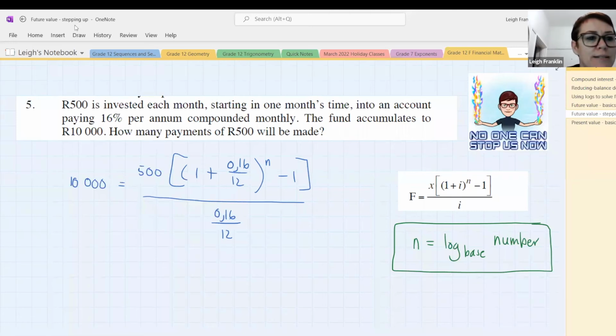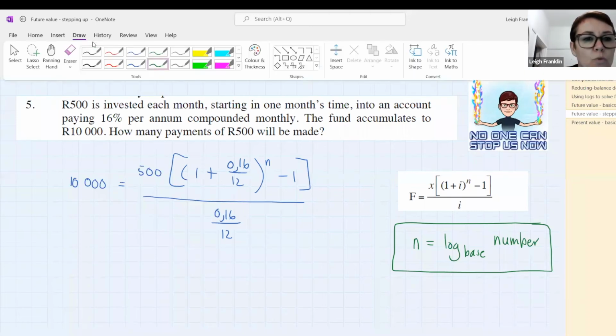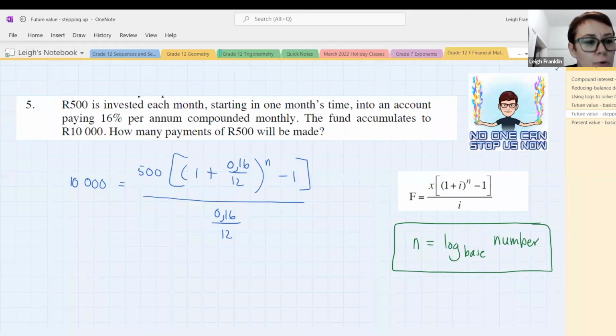So what I was trying to say earlier was that we are now going to cross multiply, and then we're going to divide by the 500. So on your calculator, you would have said 10,000 times 0.16 over 12, and now you're going to divide that by 500.